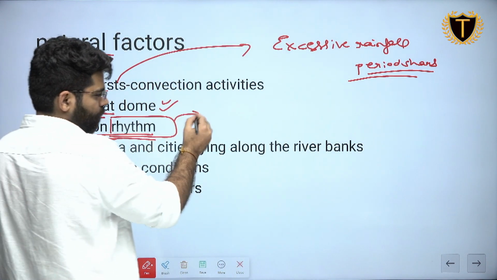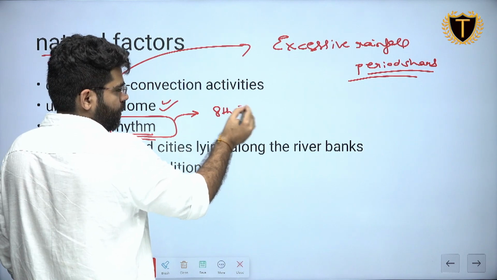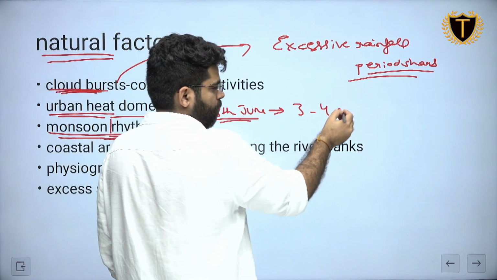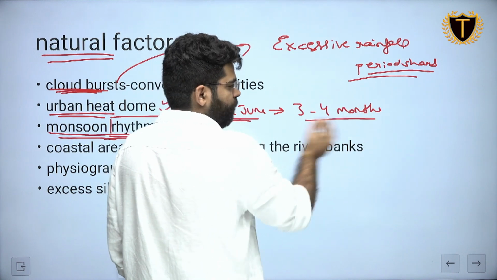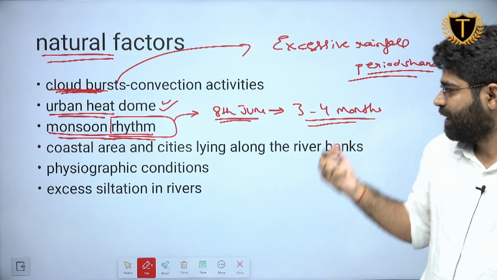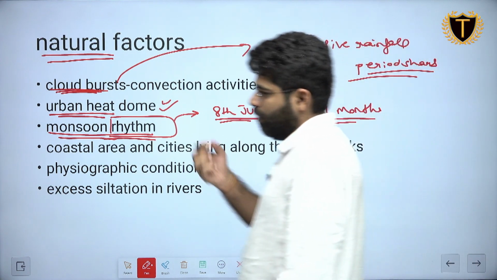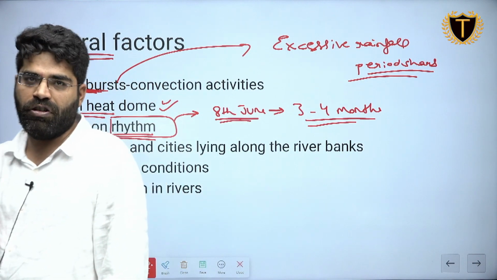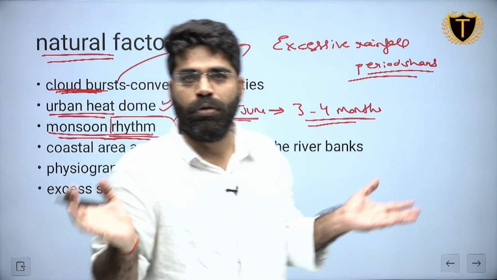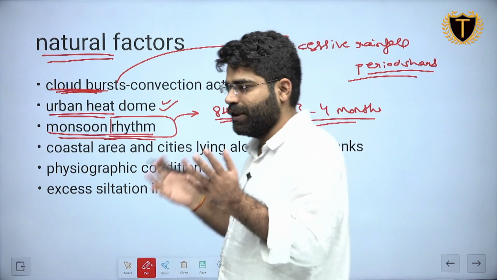So it starts on approximately 8th of June and goes on only for 3 to 4 months. So we have a greater number, or I should say excess, of rainfall over this particular 3 or 4 months, which makes it difficult to handle such a large volume of water in this very short span.